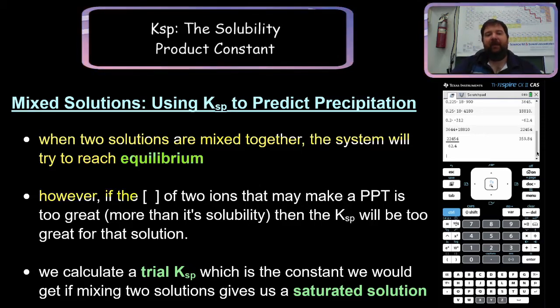However, if the concentration of the two ions that make a precipitate is too high, then the KSP will be too great for that solution. What this means is we can then predict whether or not one of those things, either the salt or the sugar, or whatever new compound is formed by the dissolution of those compounds, maybe that precipitate will form.